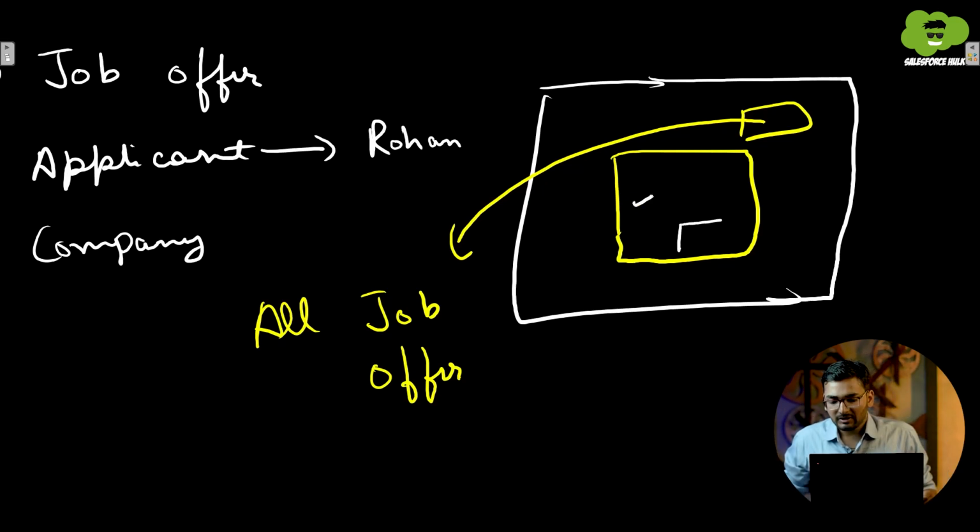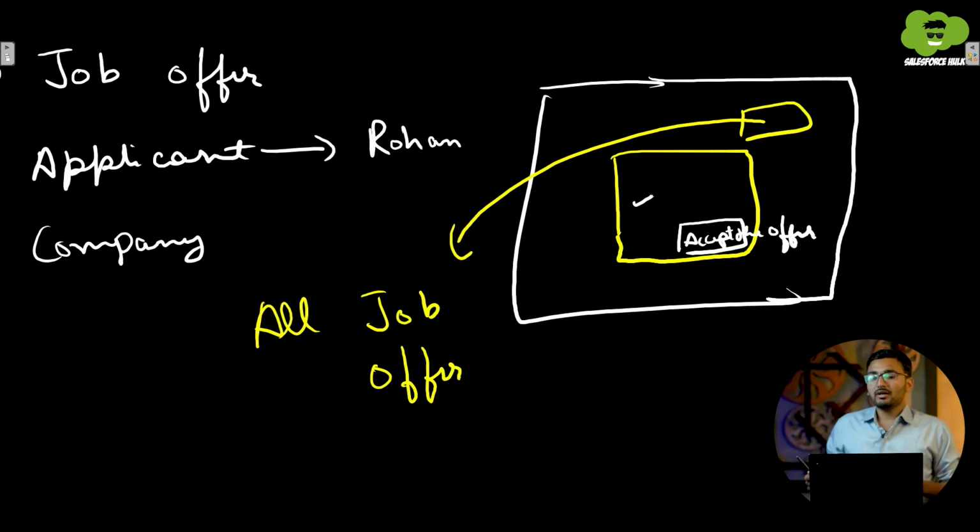After that, he'll be clicking on accept the offer. Just after that, all the other companies' offers will get rejected, and this particular company's offer will get accepted. So that is what the scenario is.